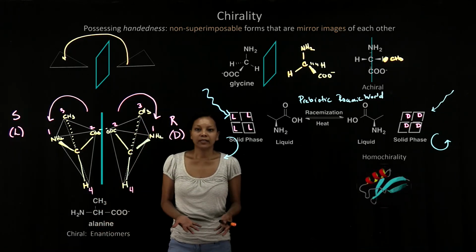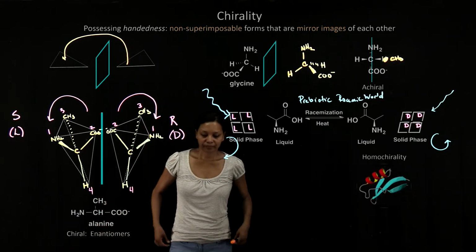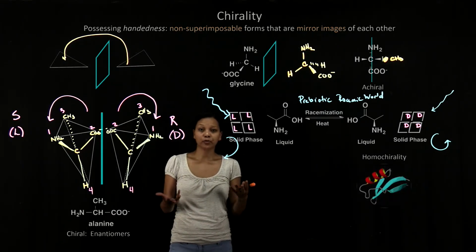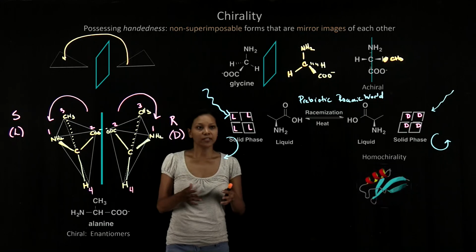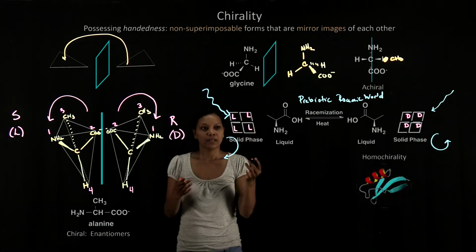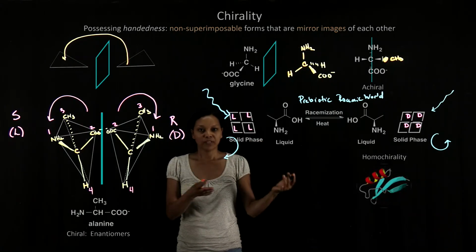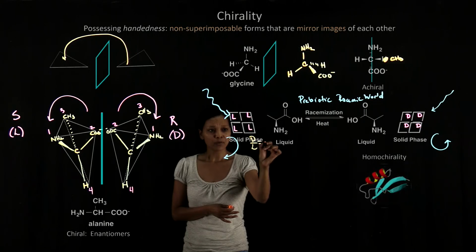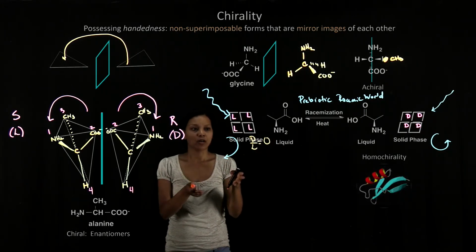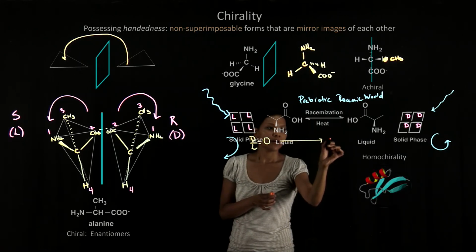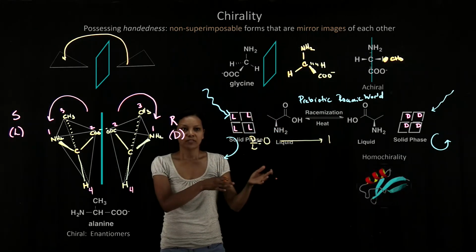Because if you think about it, most of the amino acids in living organisms have optical activity and are mostly in the L configuration. In fact, in an organism, once it deceases, the D to L ratio goes from a value of 0 all the way to a value of 1 once the organism is no longer living.